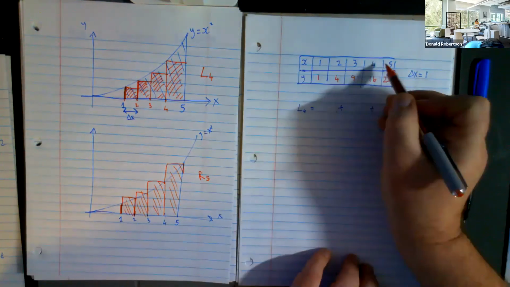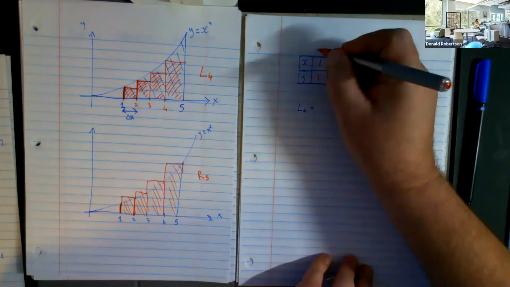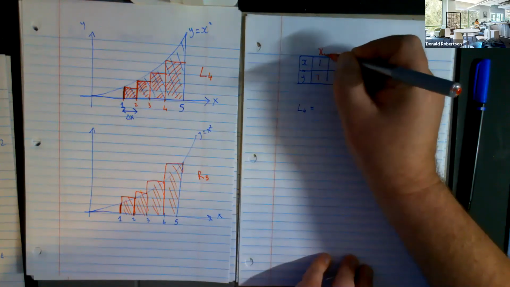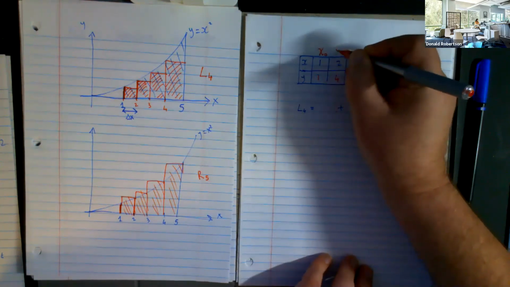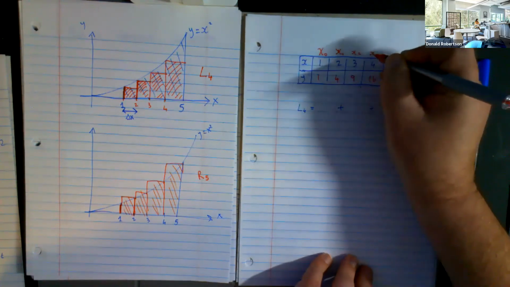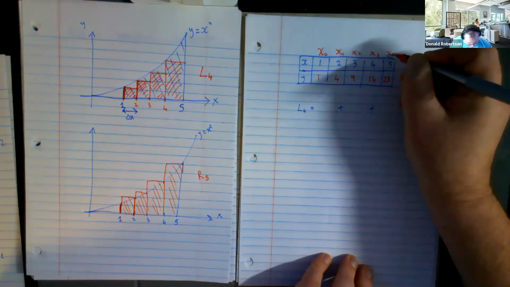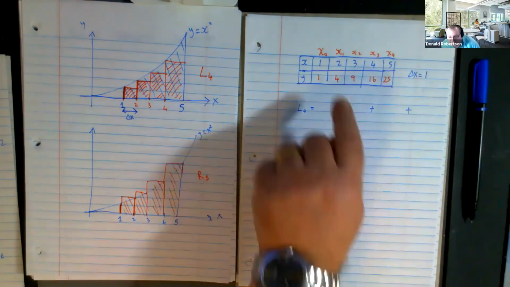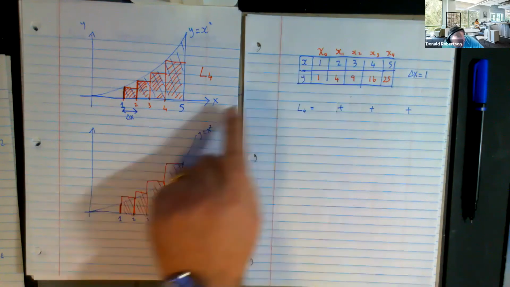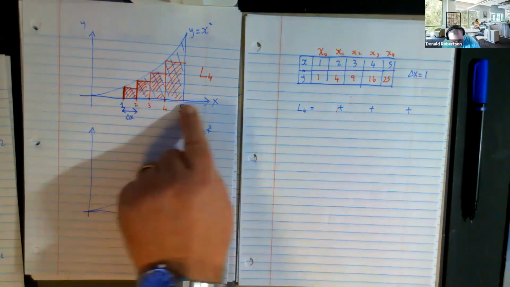These x coordinates, the 1, 2, 3, 4, 5, they have special names. This one's called x0, this one's called x1, this one's called x2, this one's called x3, and this one's called x4. So the first one, the start value, is called x0, and the last one is called x4.